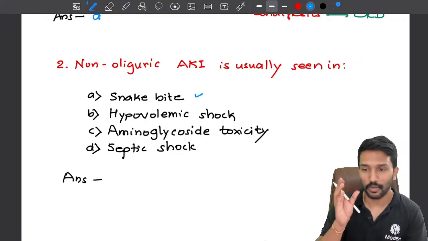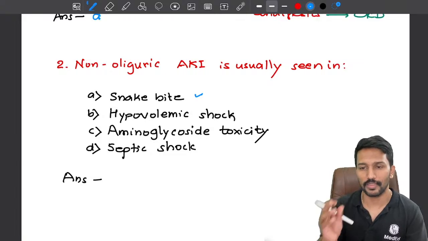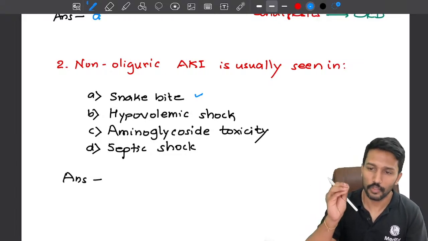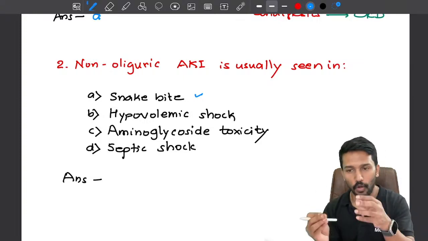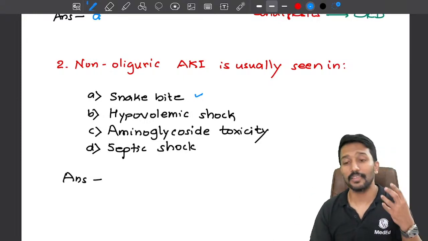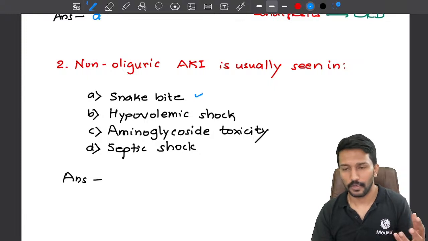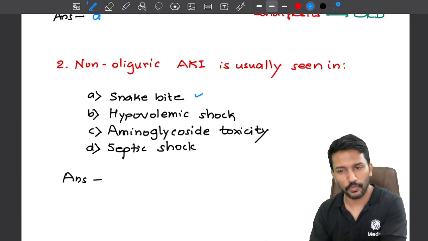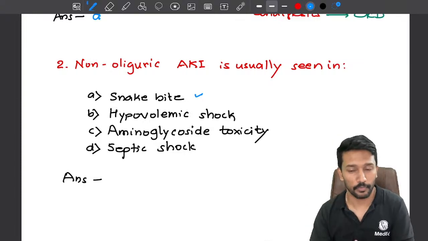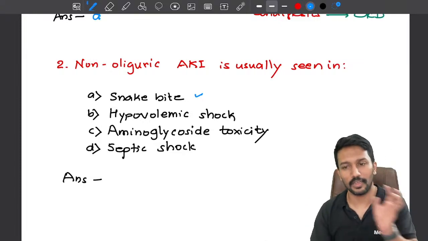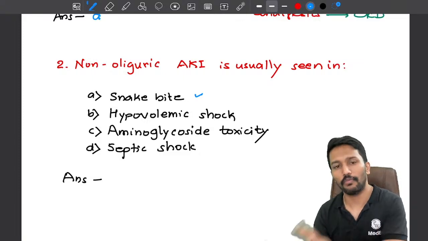Snake bite, we are blocking the tubules. Snake bite causes rhabdomyolysis. The myoglobin precipitates in the renal tubules and causes tubular injury. So if the tubules are blocked, there is no flow happening and you will have oliguria. If there is hypovolemia, it is a typical example of pre-renal AKI. Obviously, you will have a concentrated minimal urine production, so you will have oliguria, right? Septic shock, again, the kidneys are not getting sufficient blood supply. You will have oliguria.